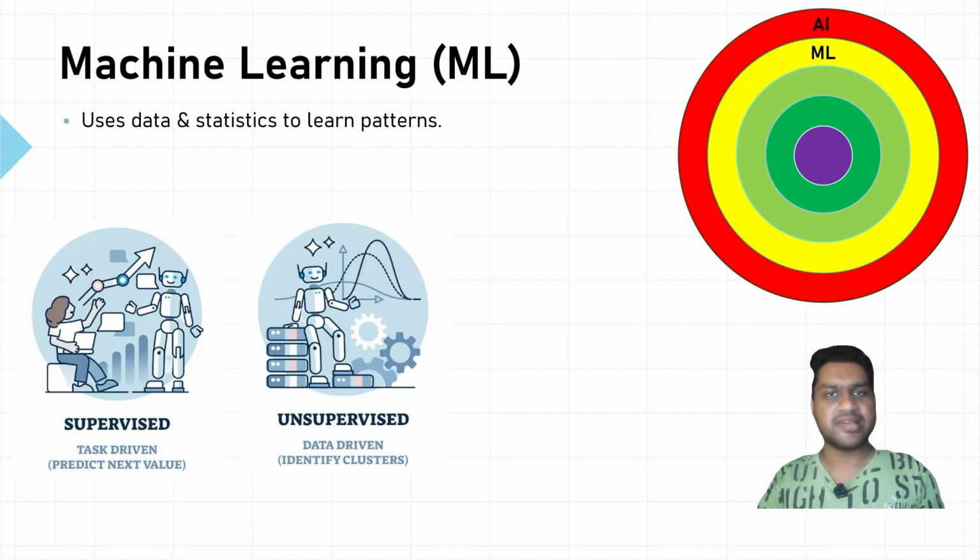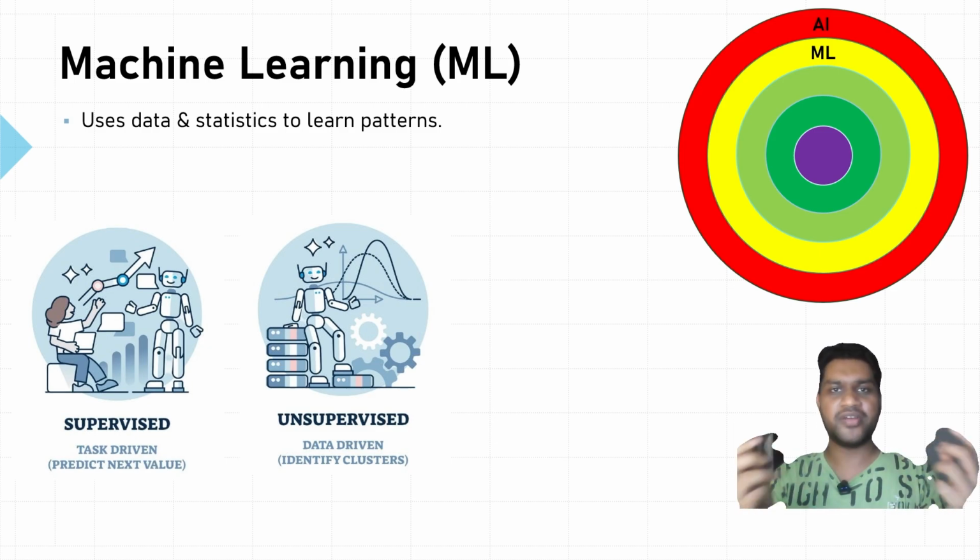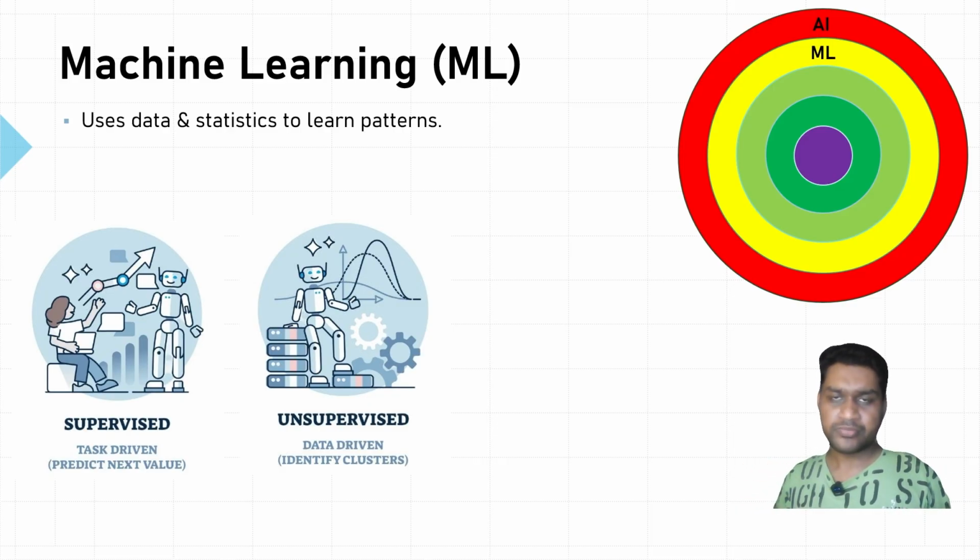Now the next one is unsupervised learning. In unsupervised learning, we just give the data to the robot, and then we say, now you group the data on your own, on some basis, whatever your reasoning, just try to do it on your own. For example, let's say there are multiple balls of various colors: red, green, and yellow.